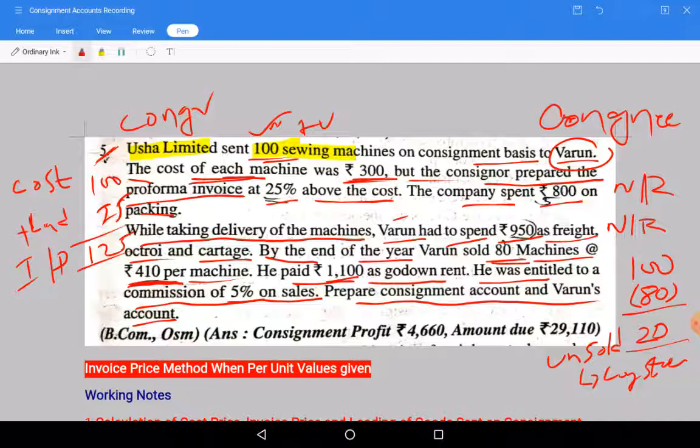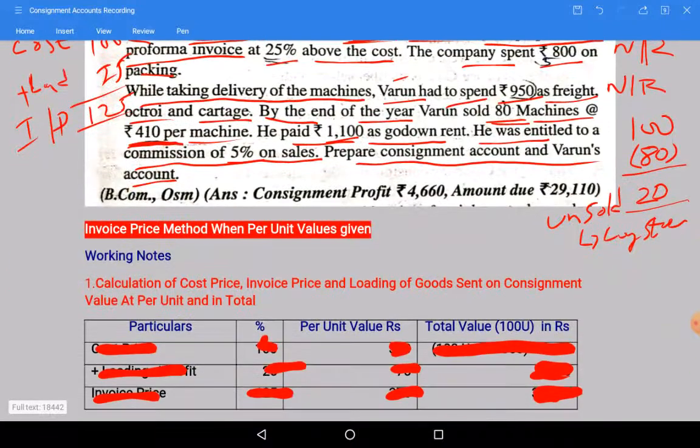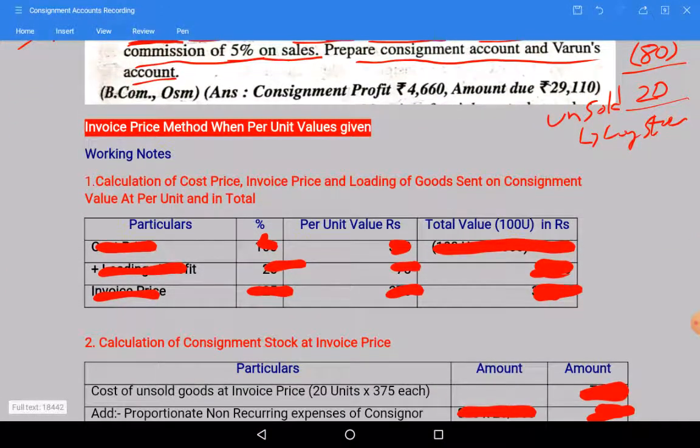So here ends the explanation part. Let us solve the answer now. From here on, working notes will start. Let us do the working notes first, then later we will do the problem.